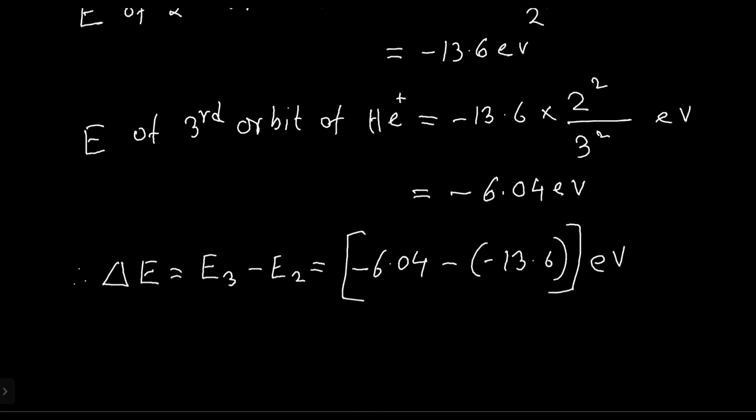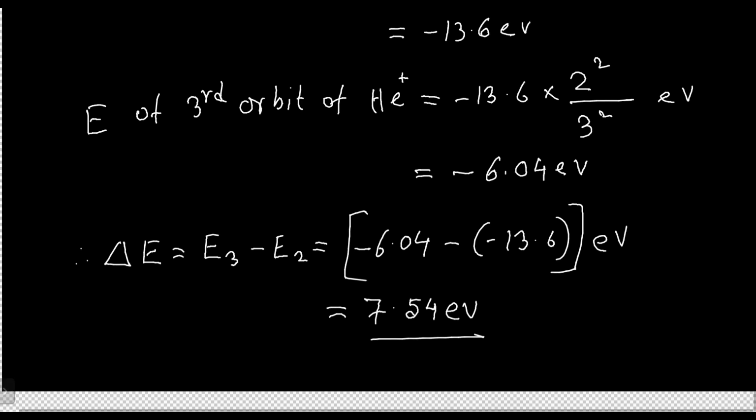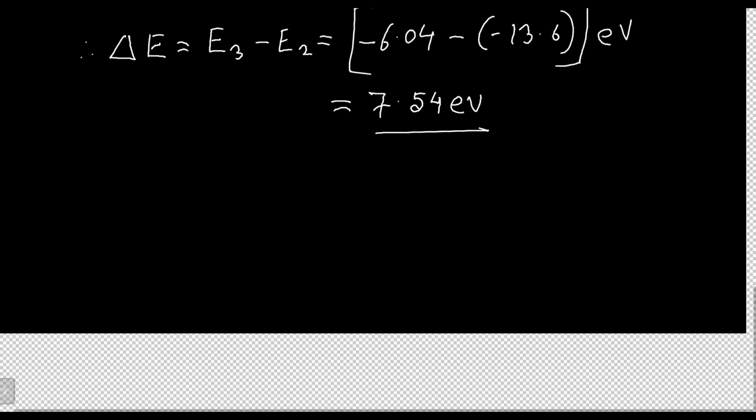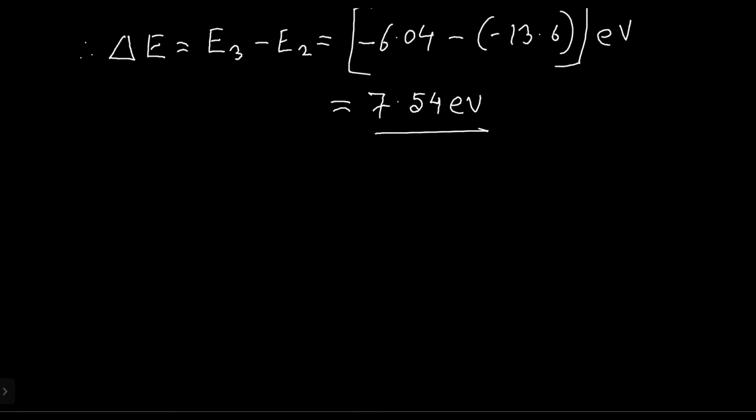Once you solve it you will get 7.54 eV. This is the difference in energy between the second and third orbit of He plus ion. I hope all of you have made it correct. Now move on to the third question.